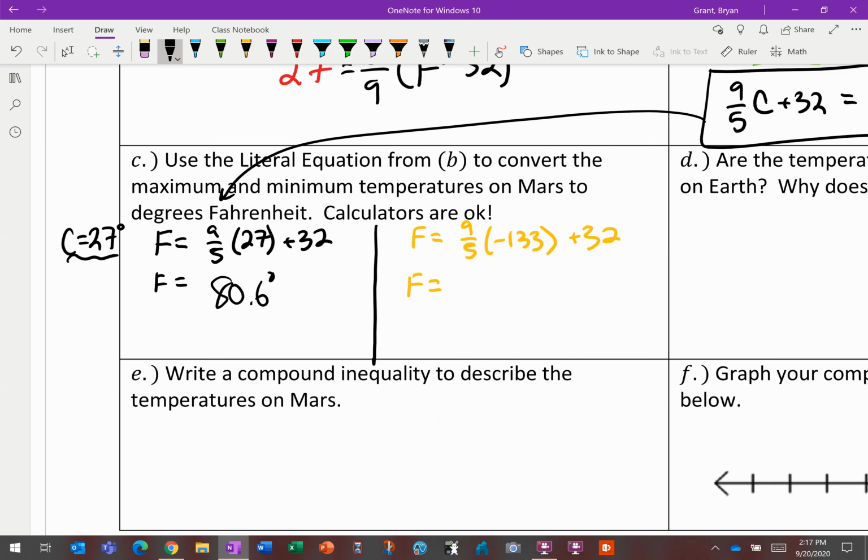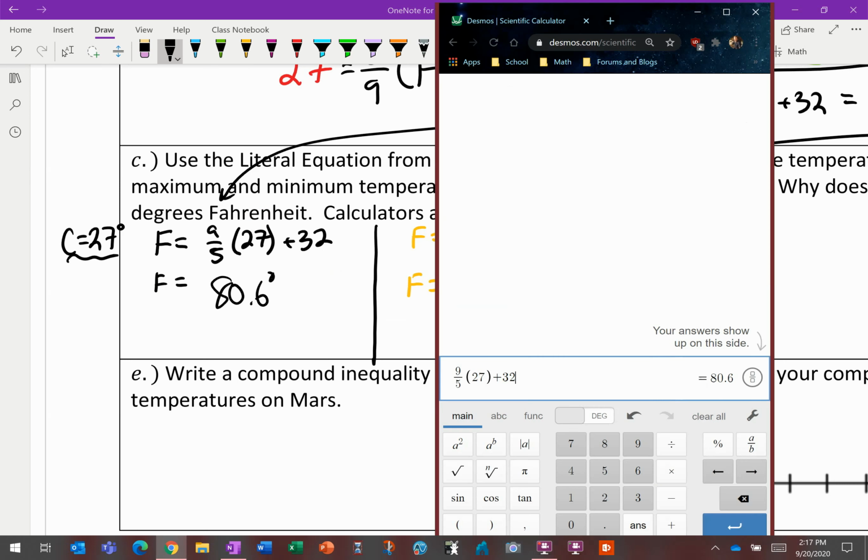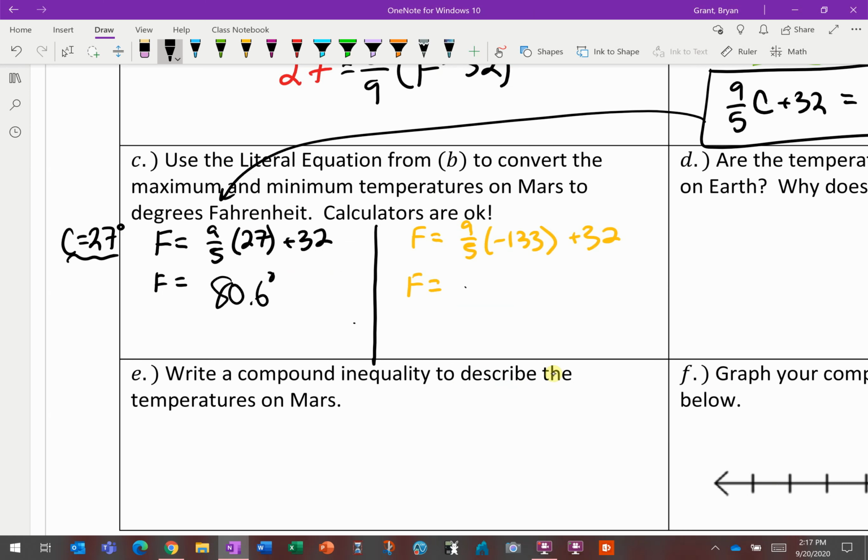And then we have to do the other one, 9/5 times negative 133. So 9/5, and this is again the nice part, I'm just going back to what I've already typed in, hitting delete a couple times, and then I can put in the new one, negative 207.4. Colors again, here we go, negative 207.4 degrees, and I should probably put Fahrenheit on both of those so we don't get confused.